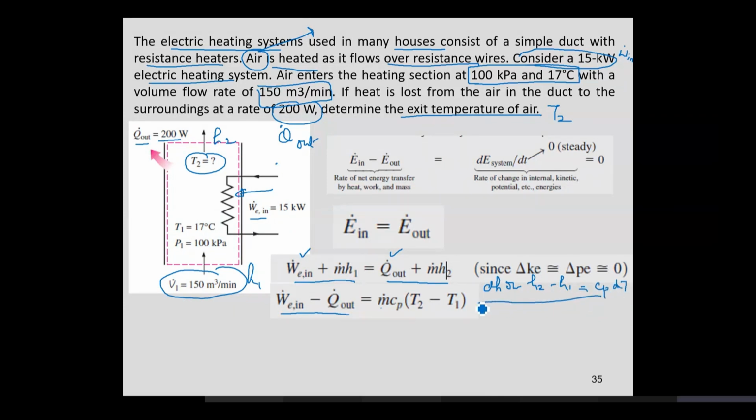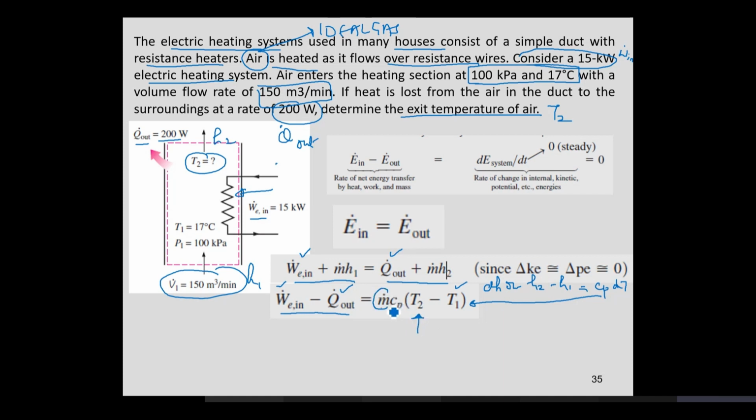This is the conversion you have used since you have air, which can be assumed to be an ideal gas. Now, in this case, you have to find out the final temperature. Work electrical in is given, Q out is given, T1 is given, T2 you have to find out.